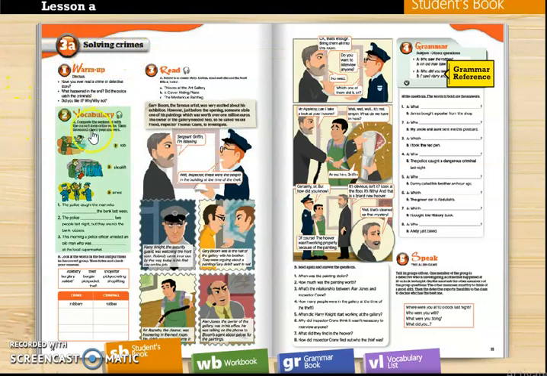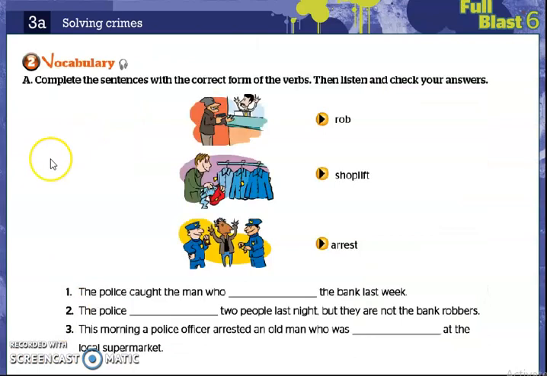Let's start with the vocabulary, page 34. We have three words. The first word is rob. It's a verb. It means to take money or things that don't belong to you from a place or person.